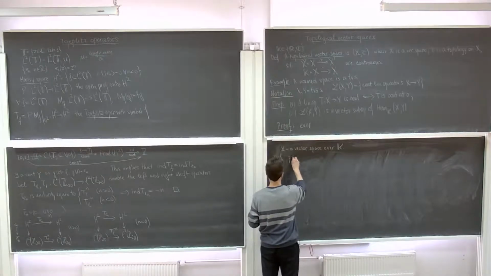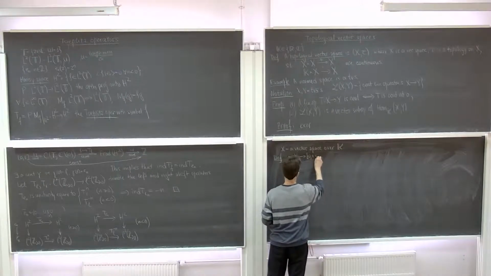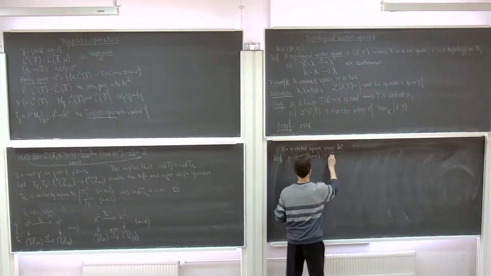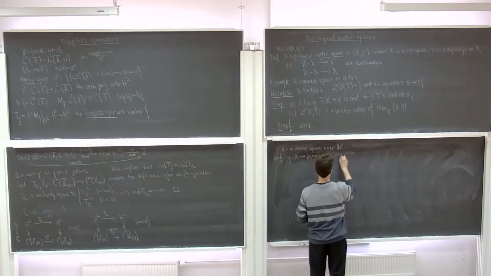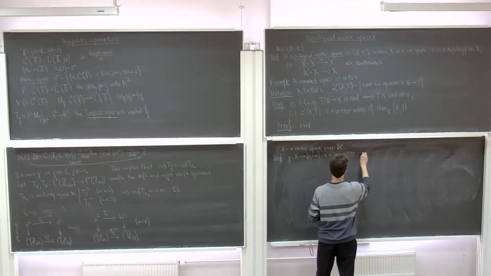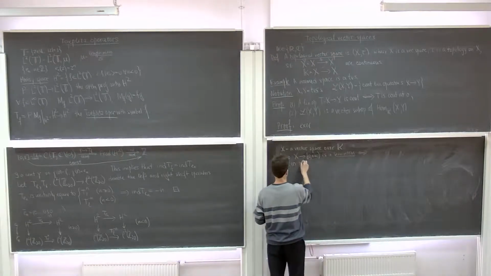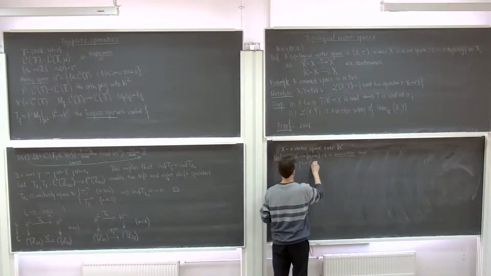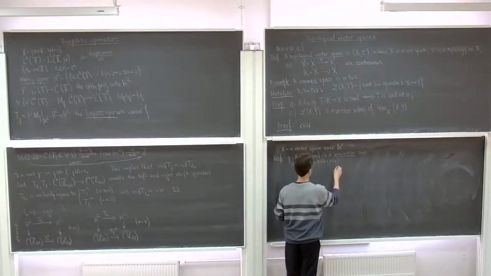A non-negative function P on X is called a seminorm if it satisfies the following conditions. First of all, it satisfies the triangle inequality, that is, it is subadditive.